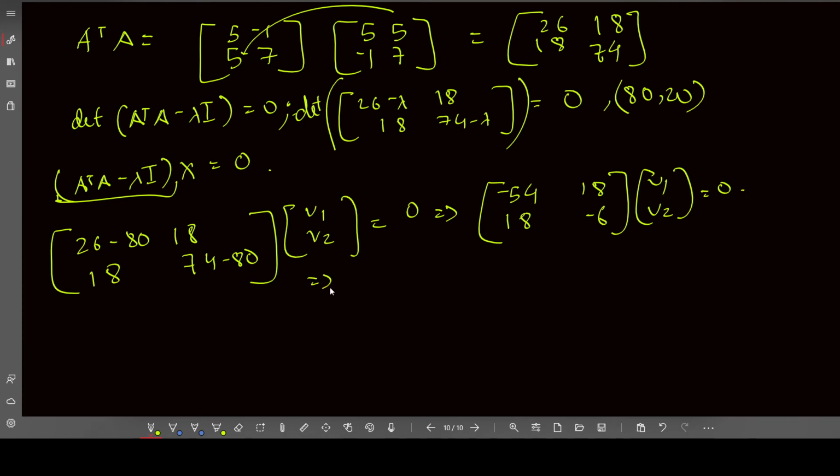So the equations I get are minus 54 V1 plus 18 V2 is equal to 0, and 18 V1 minus 6 V2 is equal to 0.